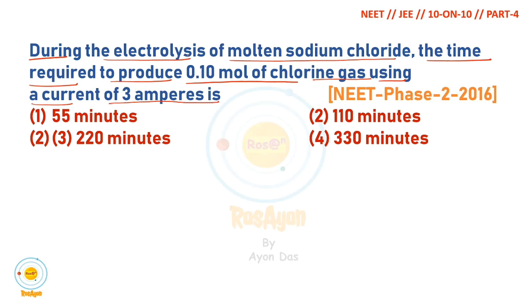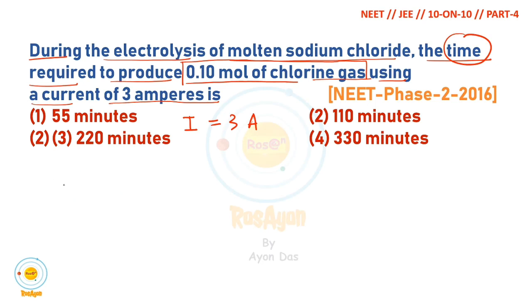That means here the amount of product at the anode is given, 0.10 mole chlorine gas, and also the current passed during the electrolysis is given, 3 ampere. You have to determine the time required to produce 0.10 mole chlorine gas at the anode.